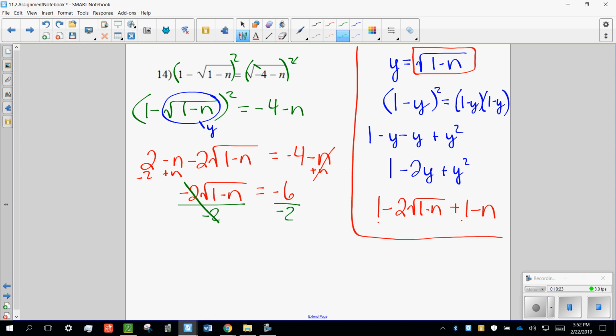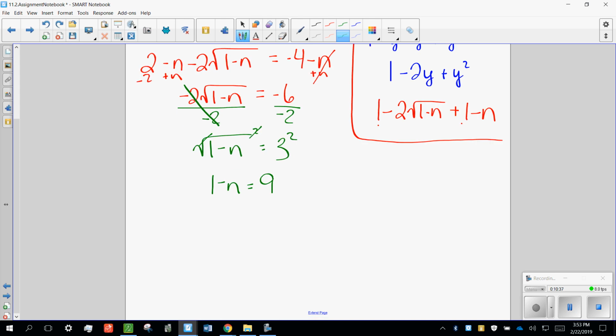To get those to divide out, we've got the square root of 1 minus n is equal to 3. Now we square both sides. We get 1 minus n equals 9. Subtract 1, get negative n equals positive 8. n equals negative 8.